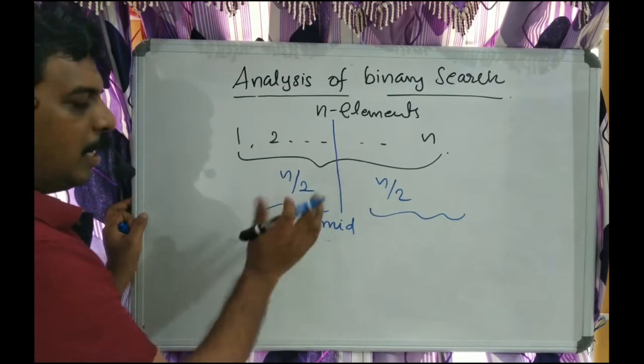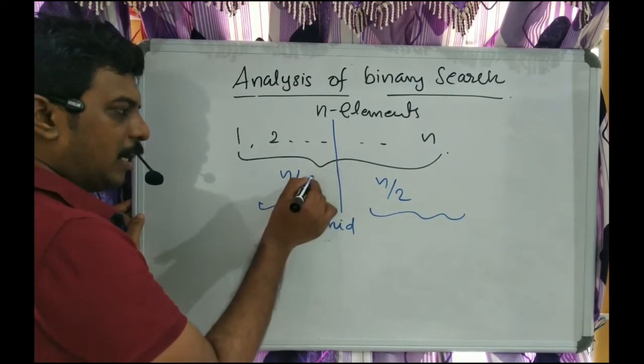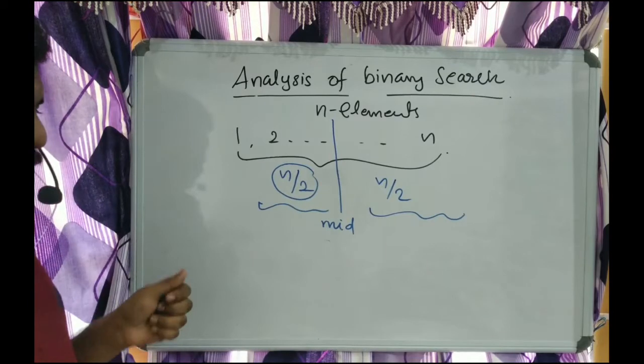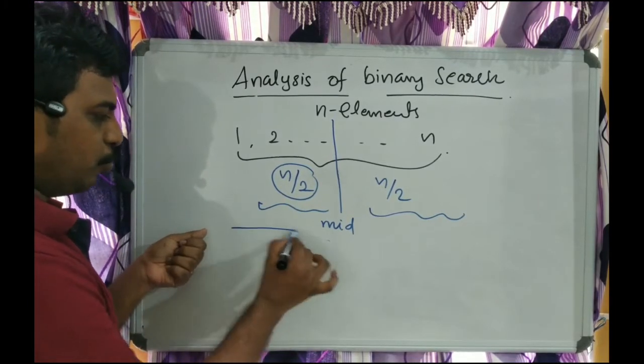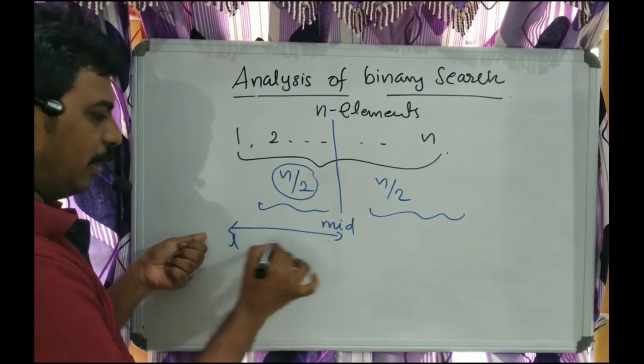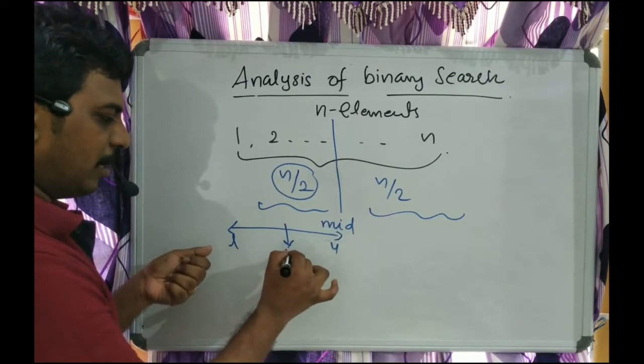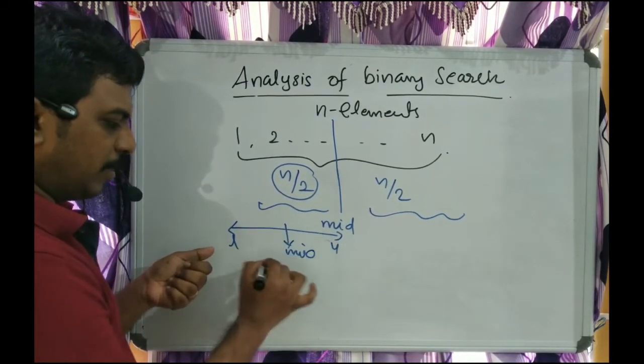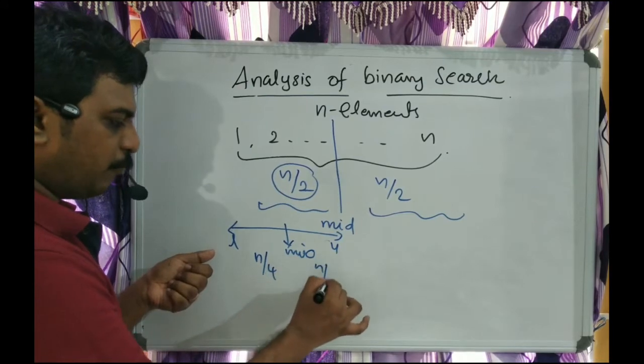After the first iteration, the array size will be reduced to n by 2. Then again we apply L and U and find the new middle element, and this n by 2 size array will be divided into an n by 4 size array.